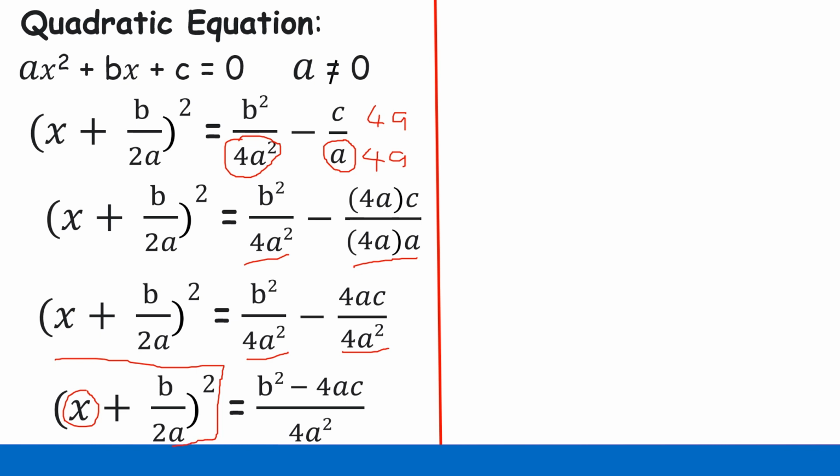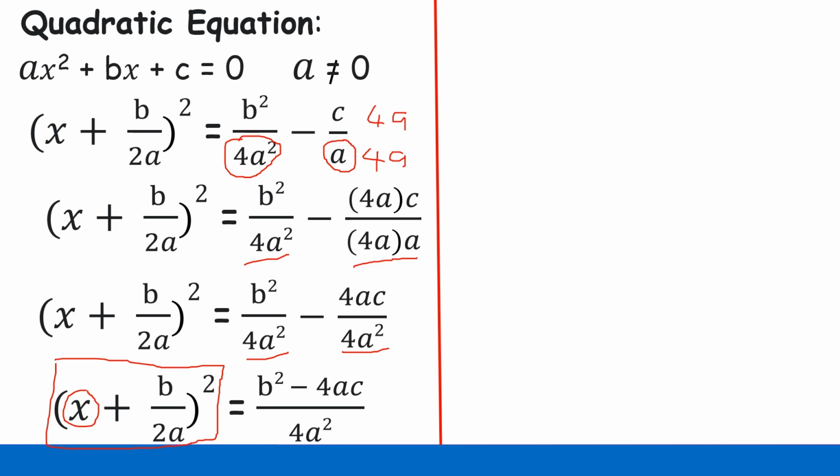It is being squared. That is x plus b over 2a all squared. And that gives us what we have on the right-hand side, which is b squared minus 4ac all over 4a squared. So for us to be able to solve for x, the first thing is to find the square root of that expression.